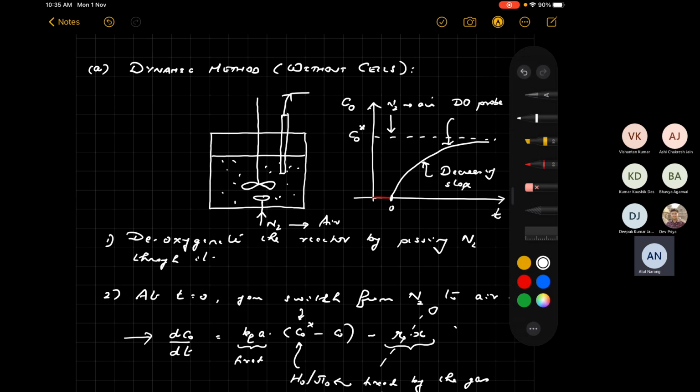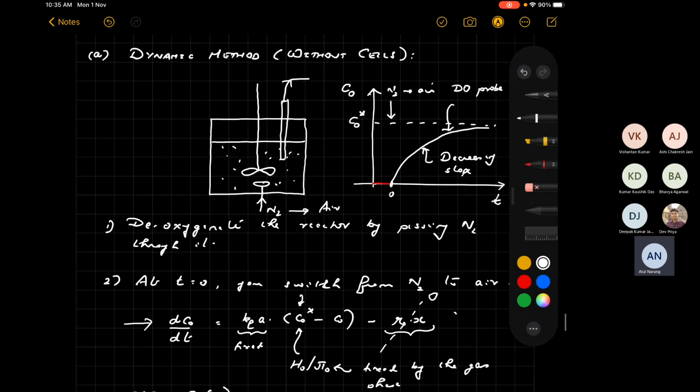But the bulk concentration in the gas phase does not immediately become equal to that in air. For a while, you have bubbles that have pure nitrogen in them and bubbles that have air in them. So it's not CO star, it'll be something in between zero and CO star. But the model just moves ahead and says, instantly I have CO star at the interface because all the bubbles contain only air. The nitrogen bubbles just disappeared.